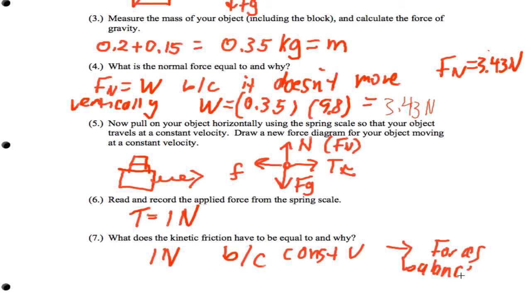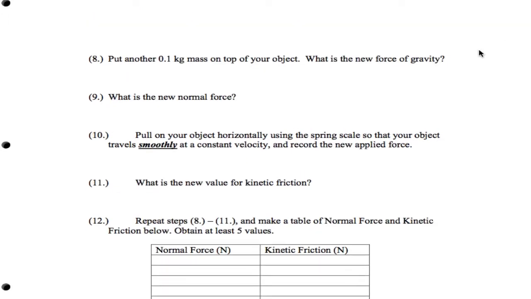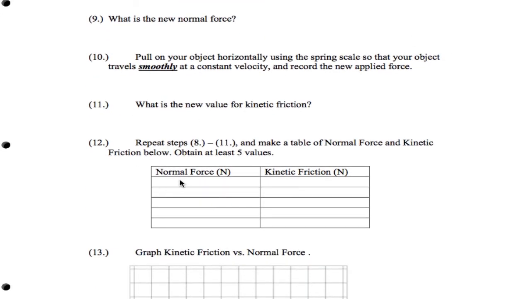The last little thing I want to say here is when you go to your data, let's just kind of record. So I told you 0, 0 should be one of your points. So we want to get that down. And for this last one, we got a normal force of 3.43 newtons and a kinetic friction of 1 newton. Now my concern is that you guys are going back and you're putting the wrong data down.